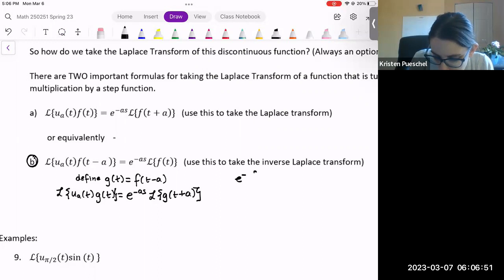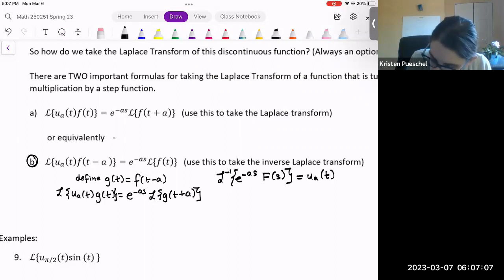So if we have the inverse Laplace transform of e to the negative as times some F of s, the Laplace transform of little f of t, this is going to be equal to u_a of t times that inverse Laplace transform of t minus a.